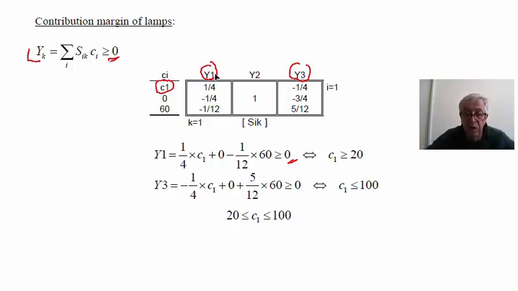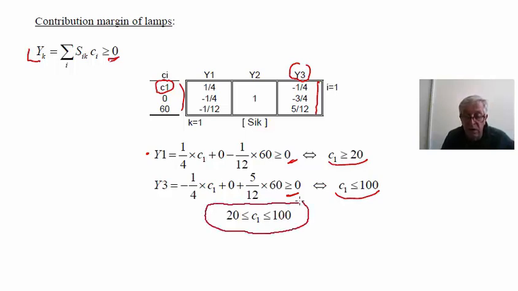That is, we consider the internal product of this column by this vector, and the result must be greater or equal than 0. So the first condition tells us that C1 must be greater than 20, and the second one tells us that C1 must be less or equal than 100. So by combining the two, we get the interval in which C1, that is the contribution margin of lumps, can vary without changing the optimal solution.